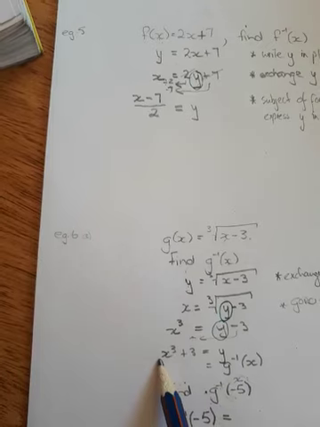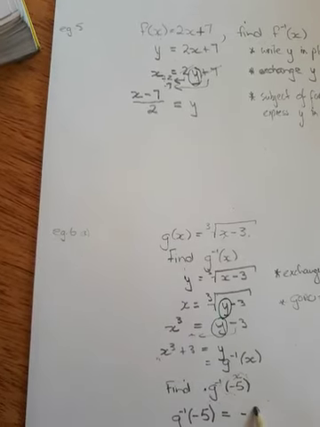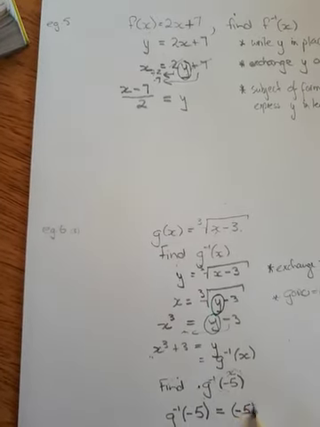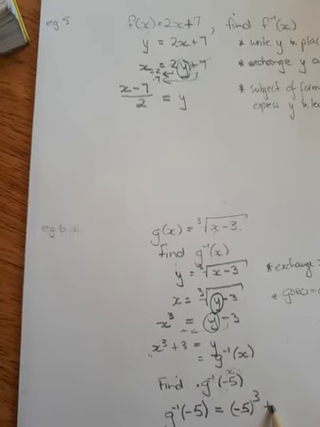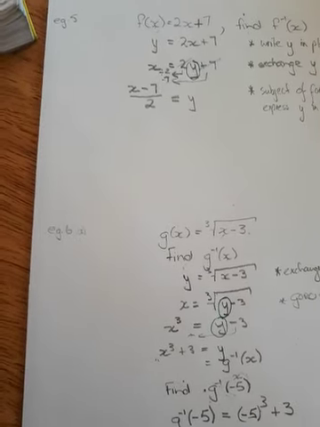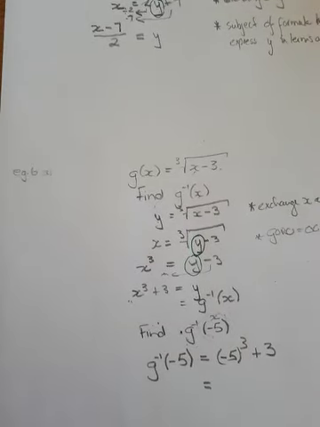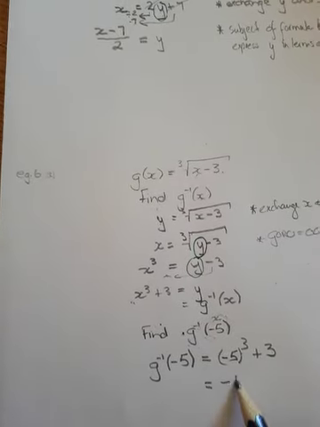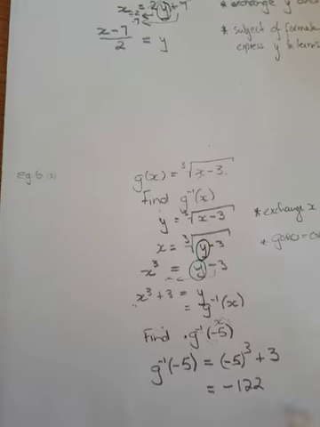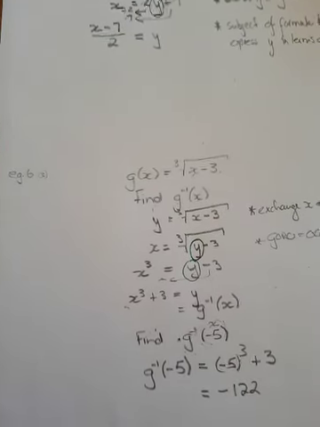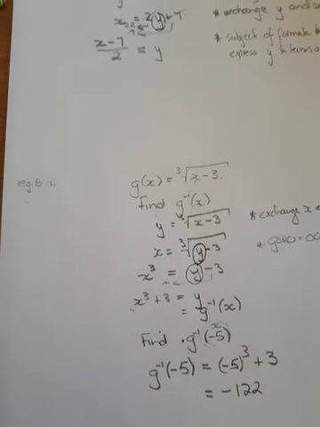Now in the place of x, we will write negative 5, which is cubed, and then we must add 3. Okay, and that you will simply put into your calculator and calculate, and your answer will be negative 122.